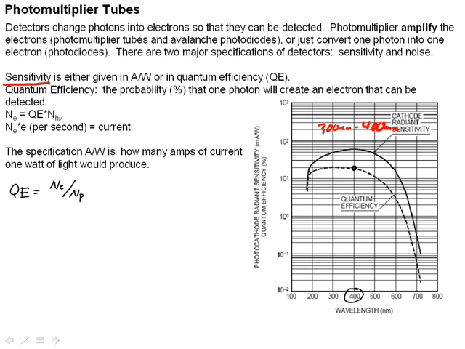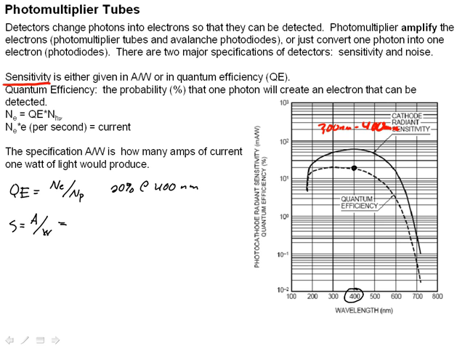Just by reading the curve here, we see the quantum efficiency looks to be on the order of 20% at 400 nanometers. Okay? The sensitivity is given in terms of the number of amps of current that come off that photocathode as a function of how many watts of optical power hit it.